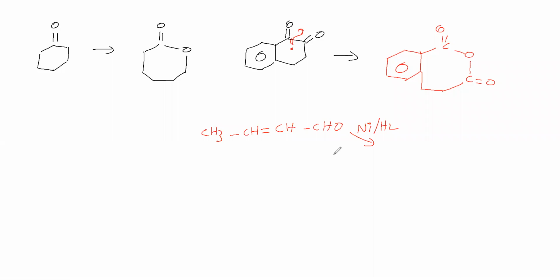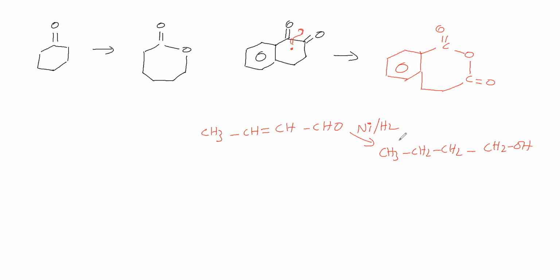What is happening is the double bond is converting into a single bond, and the CHO aldehyde is converting into primary alcohol. The CC double bond is converting into a CC single bond. Catalyst is nickel metal and hydrogen gas.